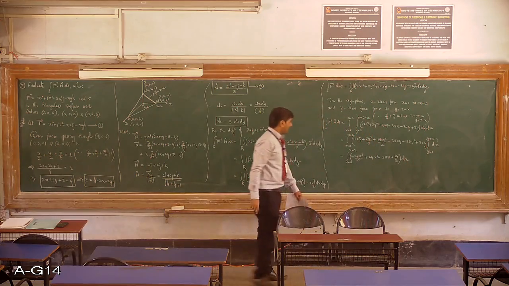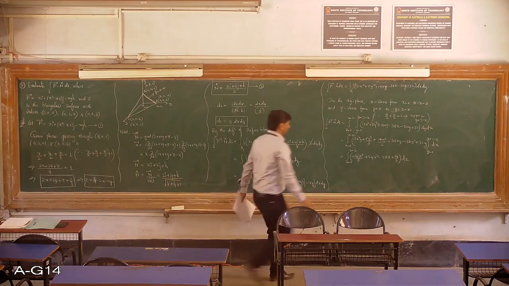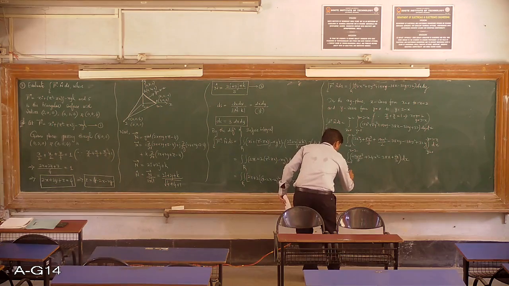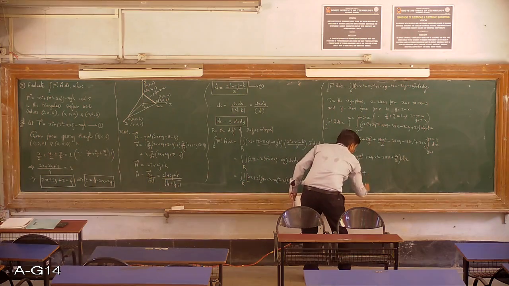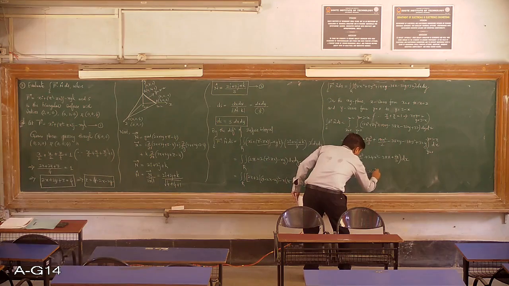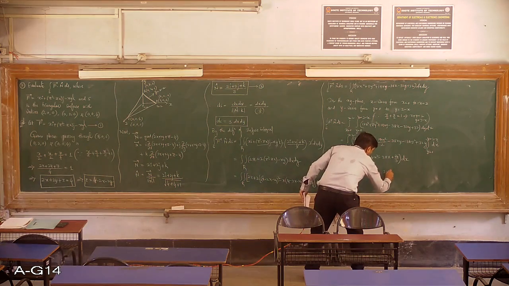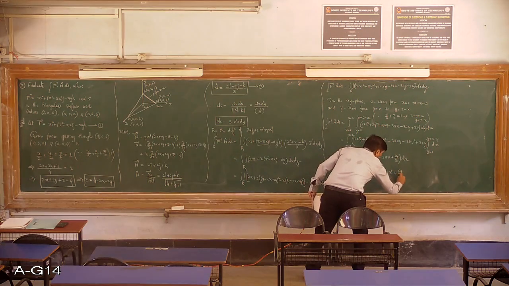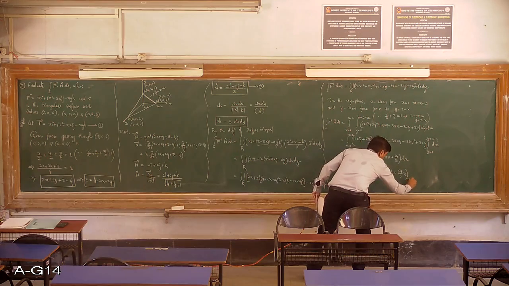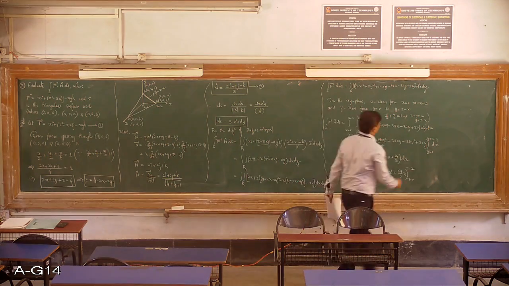Now again with respect to x, if you integrate, we'll get minus 31 x raised to 4 by 24, plus 24 x cube by 3, minus 38 x square by 2, plus 64 by 3 x, where x is running from 0 to 2. Now put the upper and lower limit.